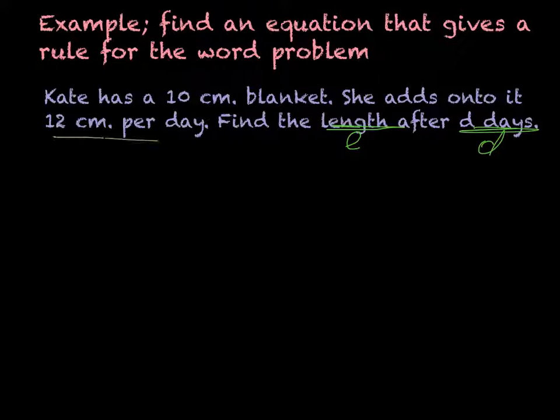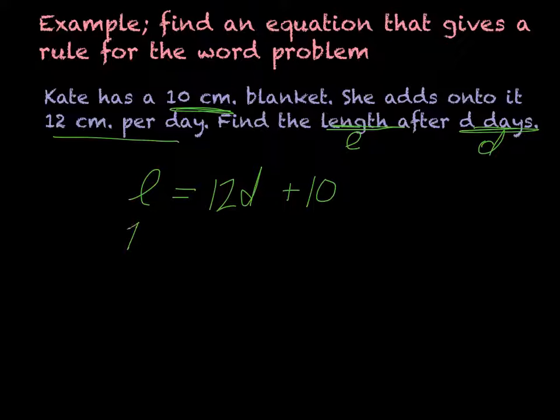Okay, so every day, she's going to make 12 centimeters. So 12 times the number of days. But she already had 10 centimeters, so she started with that. So you have to add on that 10 that she started with, and that's going to be the total length.